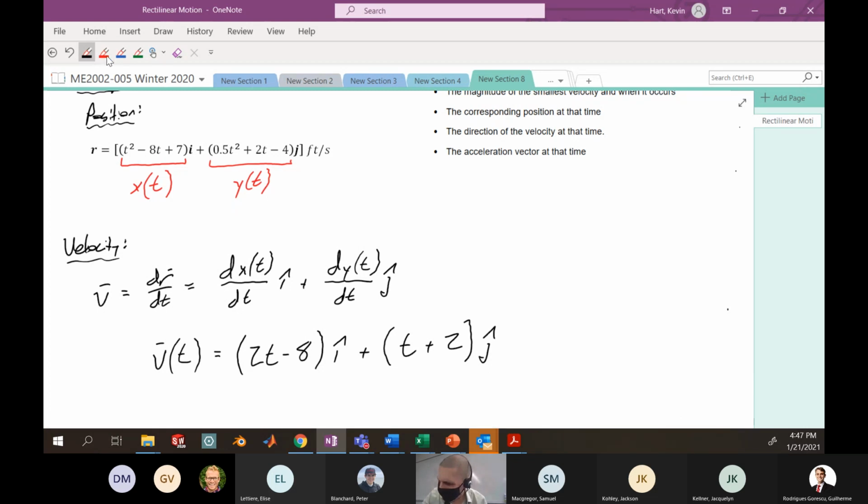And why is this feet per second? This should be feet. Okay, this is feet. Sorry about that. This here now is feet per second, if we're assuming time is in seconds.